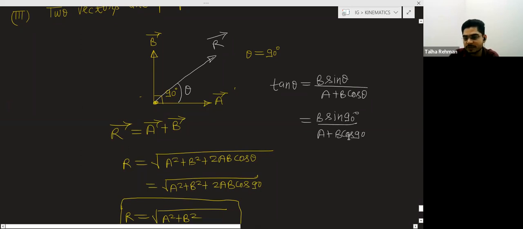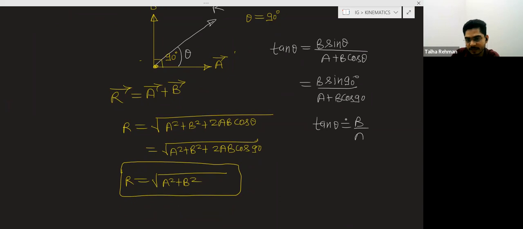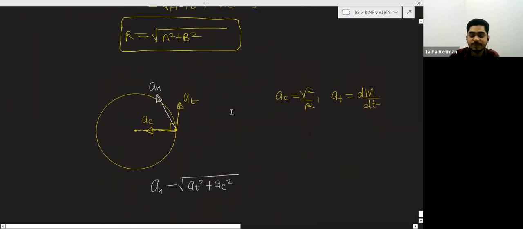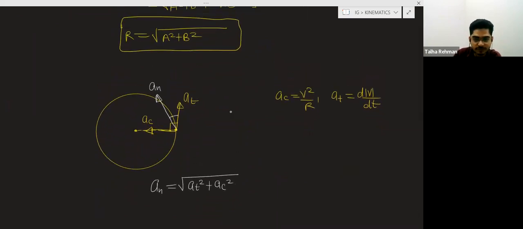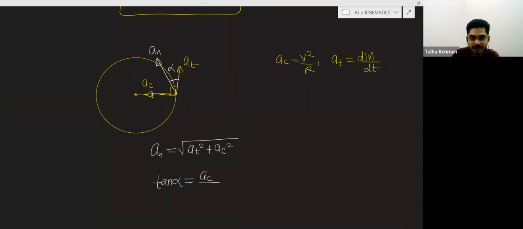Cos 90 becomes 0 and sin 90 becomes 1, so tan theta is equal to B by A. And there, for the direction of this acceleration, suppose this is making an angle of alpha. Then I told you tan alpha is given by B by A, this time the vector AC by AT.